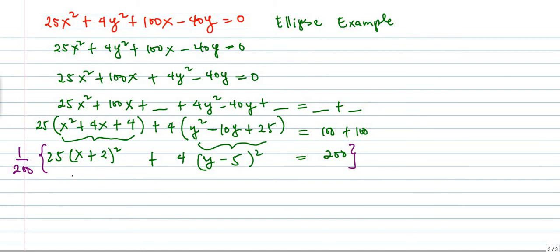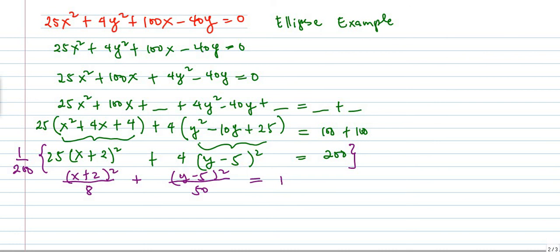So (x plus 2) squared divided by 8. 25 over 200, that is 1 over 8. And then plus 200 over 4, that is 50. So (y minus 5) squared over 50, that is equivalent to 1.